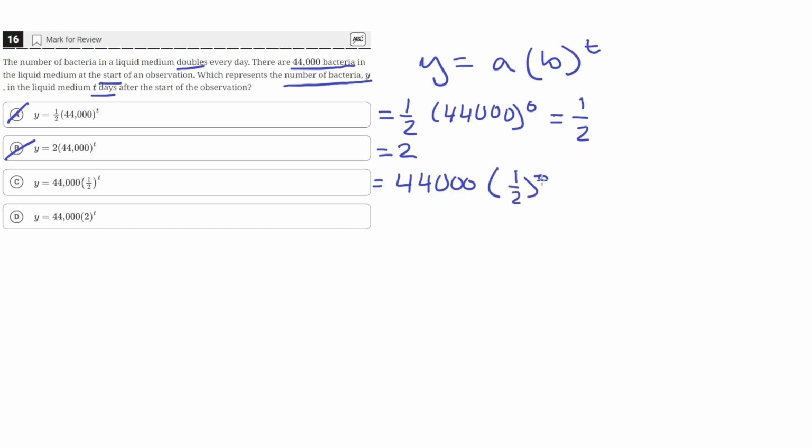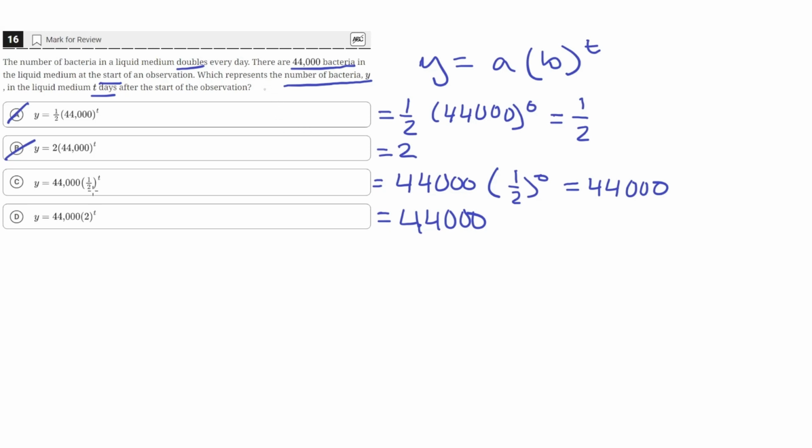So 1/2 raised to the 0 power is just equal to 1, and 1 times 44,000 is 44,000, which is correct, since there are 44,000 bacteria at the start of the observation. And then same for answer choice D, we get 44,000 as well, because 2 raised to the 0 is just 1, and 44,000 times 1 is just 44,000. So we're left with answer choice C and D.